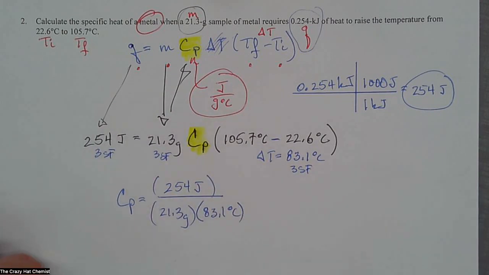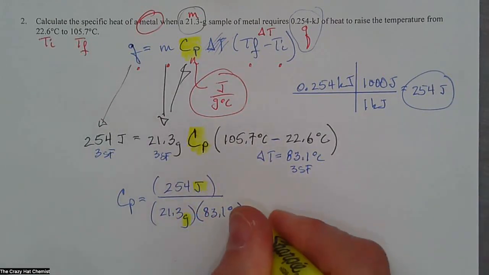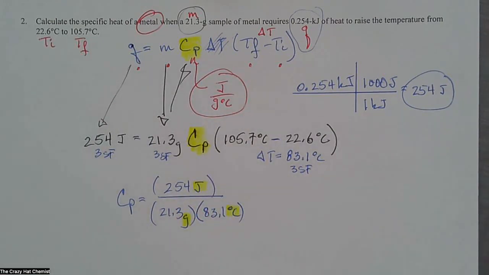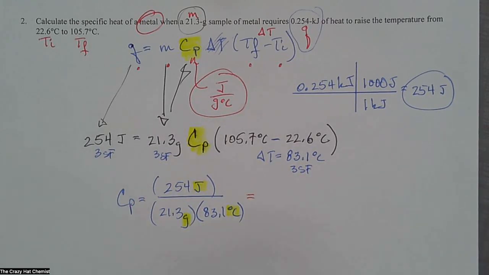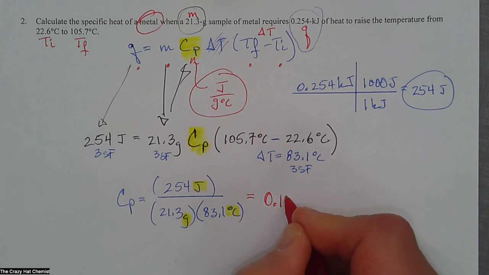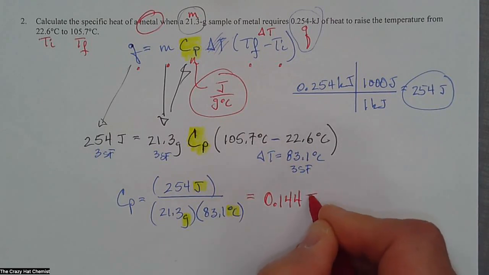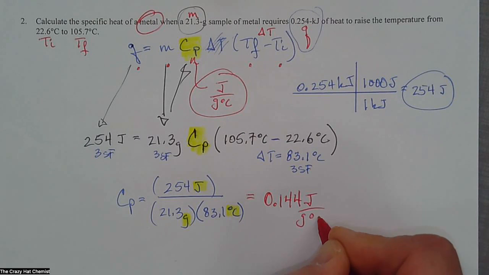Hopefully you can clearly see the units necessary for this problem, which are joules per gram degree Celsius. Again, I have 3 significant figures, so we get a specific heat capacity of 0.144 joules per gram degree Celsius.